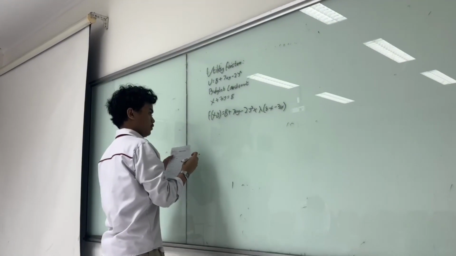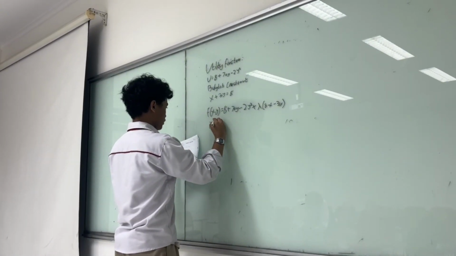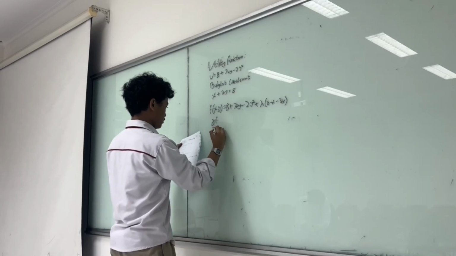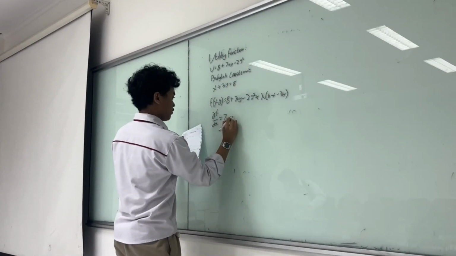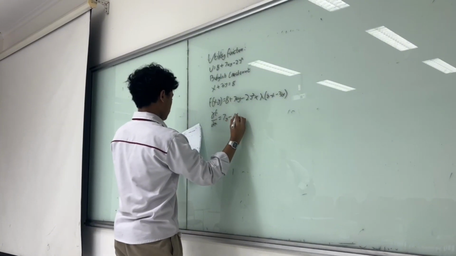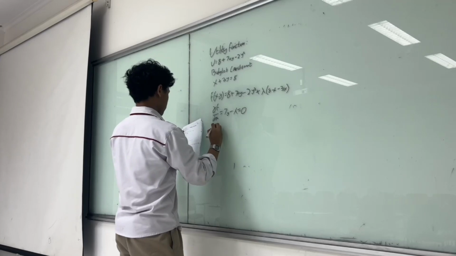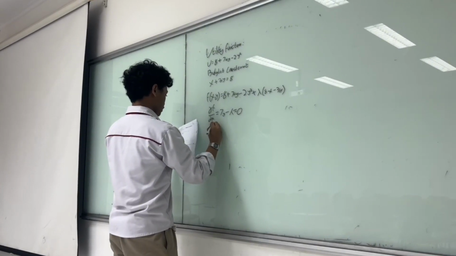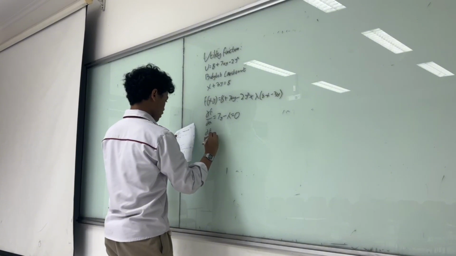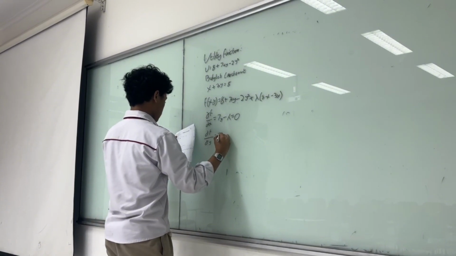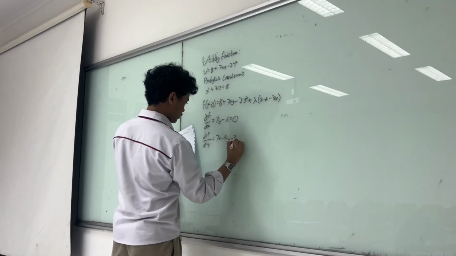Okay, then we find the partials. So dou F over dou x equals 7y minus lambda equals 0. Second one, dou F over dou y equals 7x minus 4y minus 3 lambda equals 0.